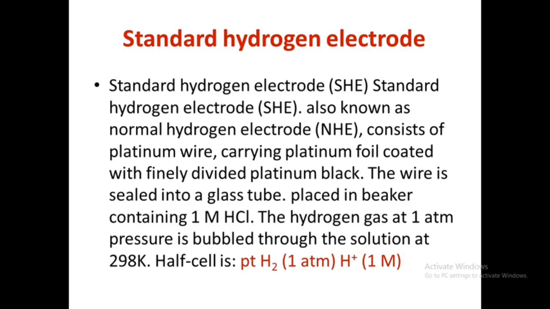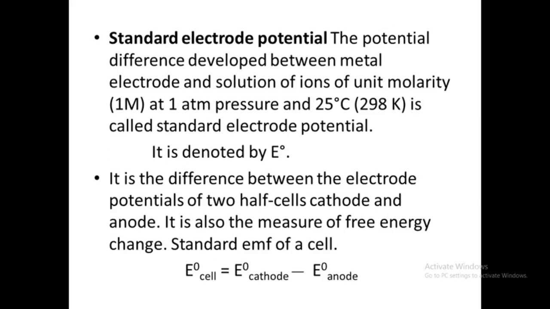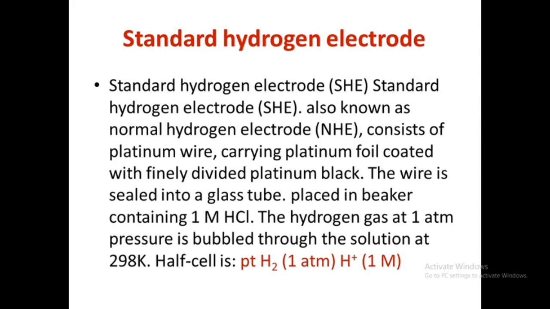And then let us discuss standard hydrogen electrode. It is not possible to determine the electrode potential of a half cell directly from the complete cell. So to determine the standard electrode potential of a half cell, one reference electrode is used, and that reference electrode is known as standard hydrogen electrode.